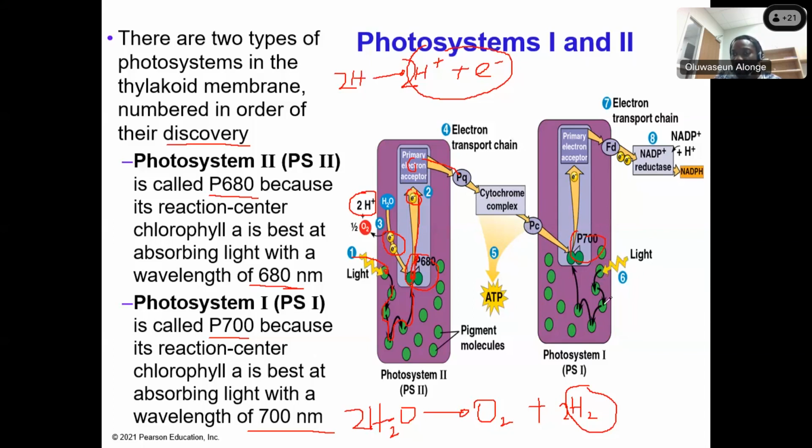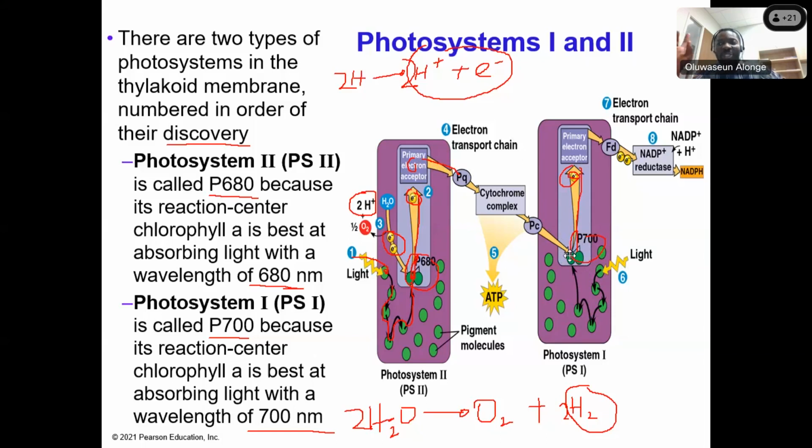Then it's going to be propagated through here, and it's going to release an electron and become excited. When this is excited, it has also lost an electron. It became oxidized. It also needs to be stable. So what's going to happen? The electron that was traveling from here is going to come here and replace the electron that was lost here. So that will take care of the stability.